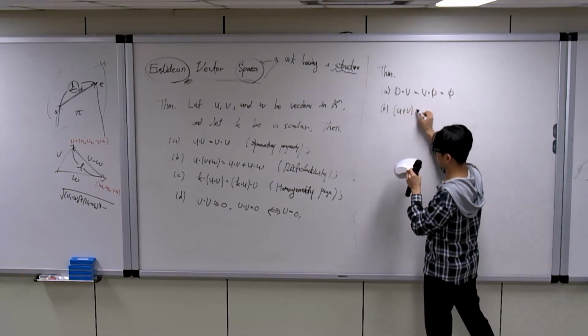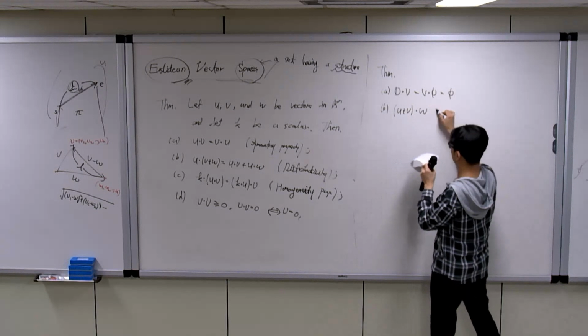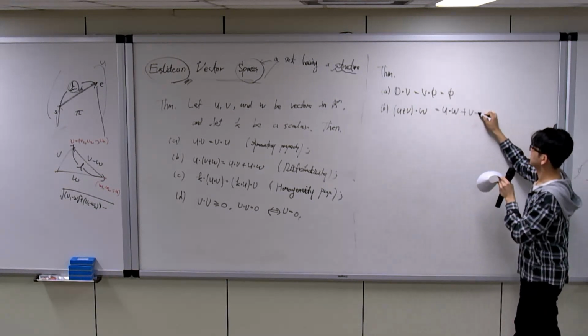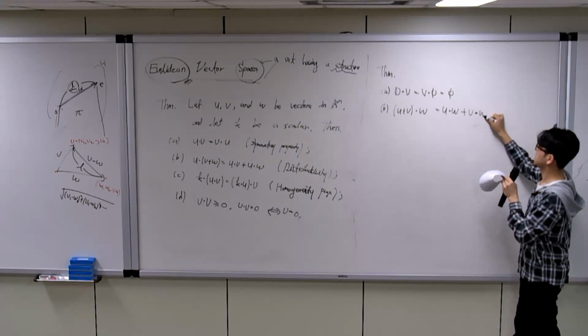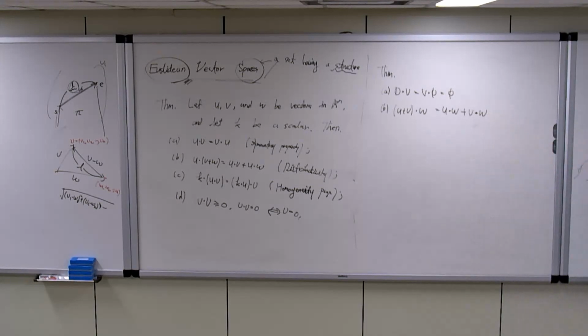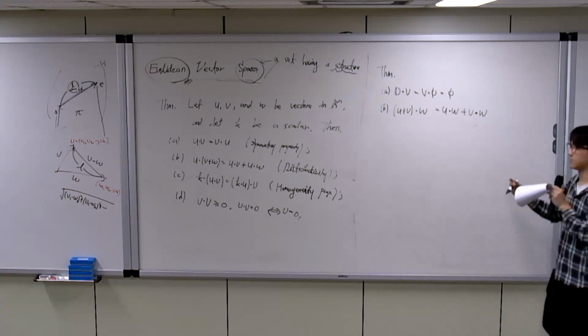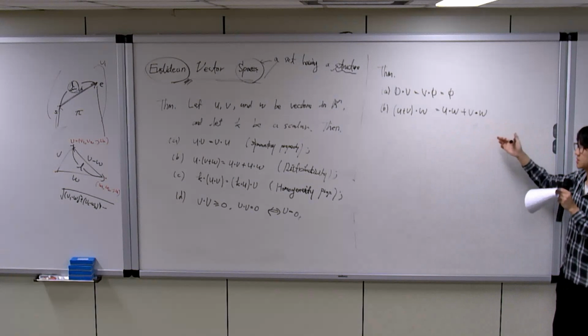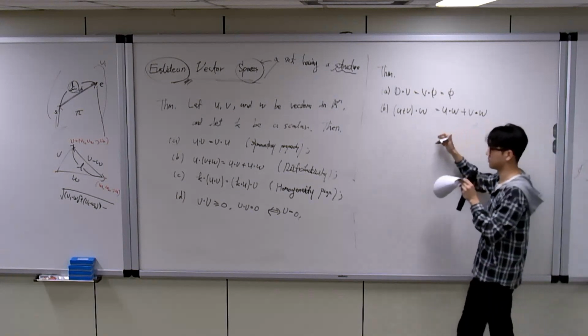And as scalar multiplication has the distributive rule, the inner product also has a distributive rule.